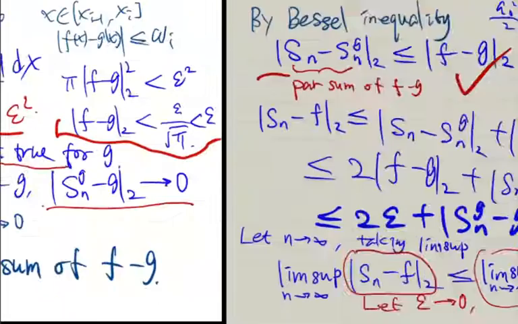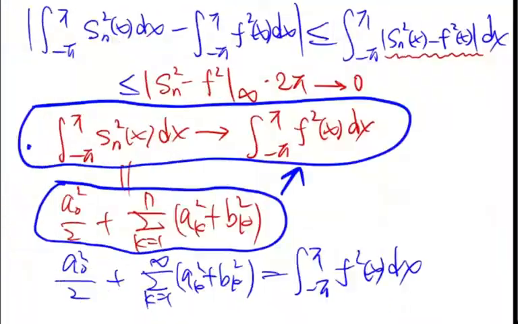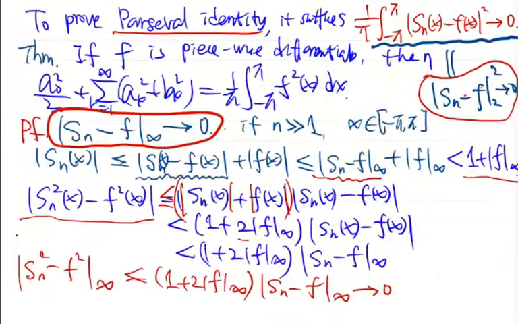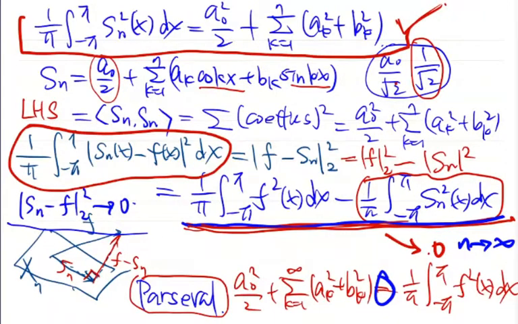Go back to the earlier page; we mentioned this many pages ago. If the L2 norm of Sn minus f goes to 0, that is, the left-hand side goes to 0, then the right-hand side must also go to 0. But the right-hand side going to 0 is precisely the Parseval identity.